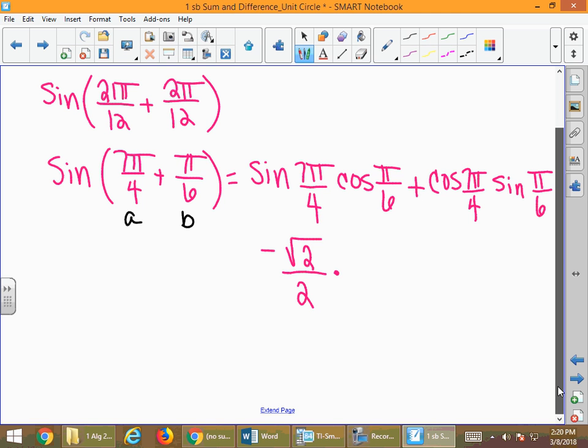Times cosine of pi over 6, well, cosine of pi over 6, square root of 3 over 2, plus cosine of 7 pi over 4. Well, in the fourth quadrant, cosine is positive, so that's good. And that's going to give us square root of 2 over 2. And then sine of pi over 6 is 1/2.